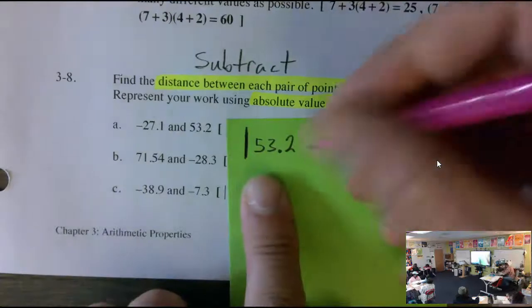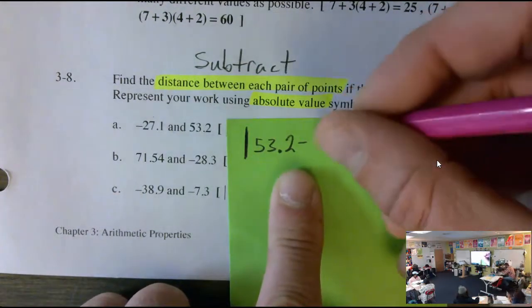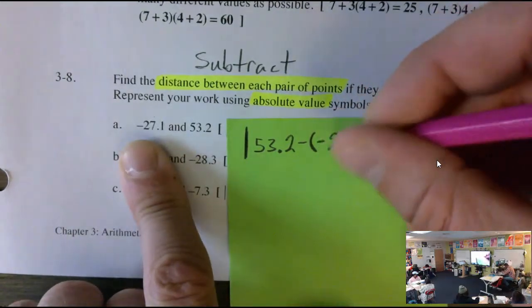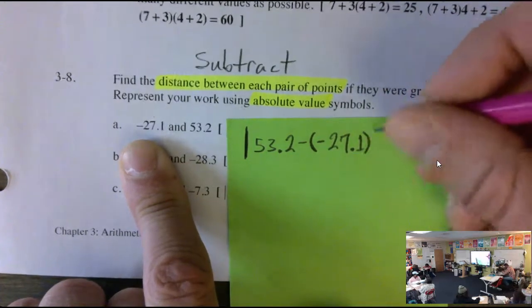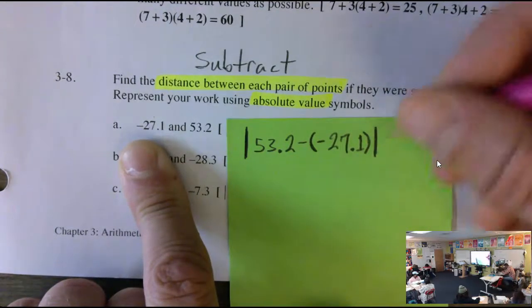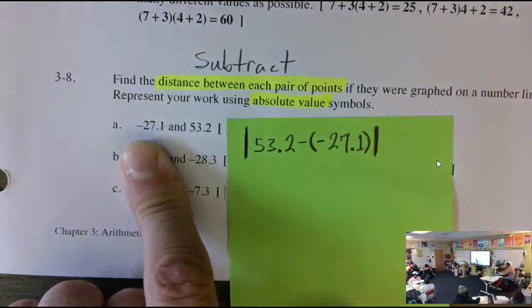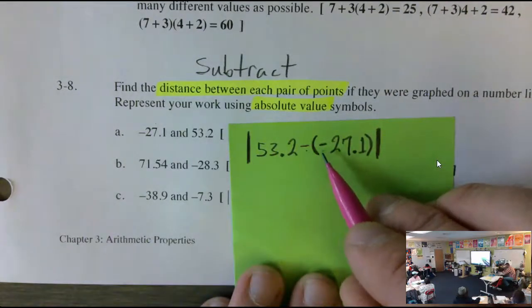So we start with the positive. Then minus, because we know we got to subtract. And then in parentheses, our negative number, negative 27.1. And then we close our parentheses and close our absolute value. What does minus a negative do?